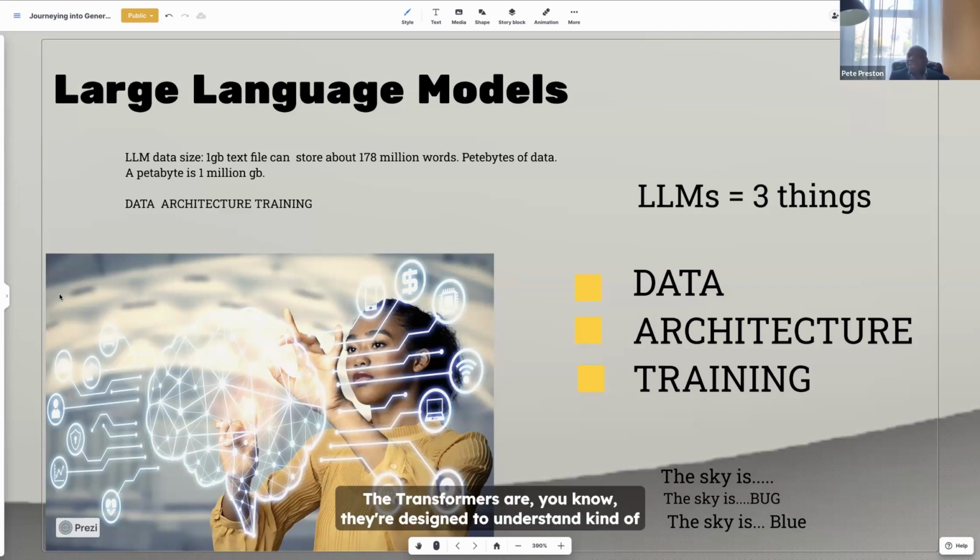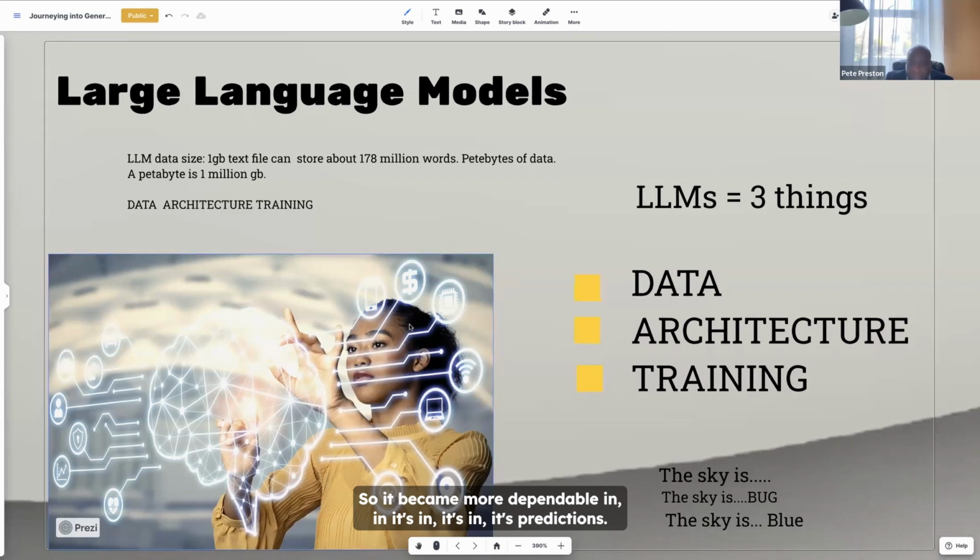The transformers are designed to understand the context of each word in relationship to every other word. So it allows the model to build a more comprehensive understanding of the sentence structure of the data. And by this training, it became very good at the meaning of words and in-context learning. So it became more dependable in its predictions.